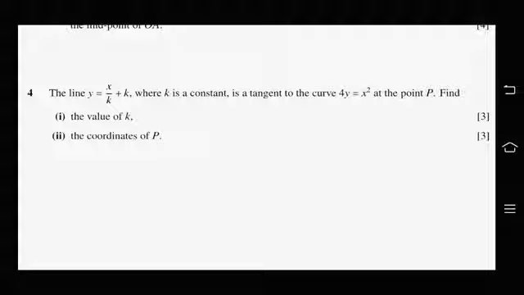So for this, the first target is how to find k. Let's see how to find the value of k.